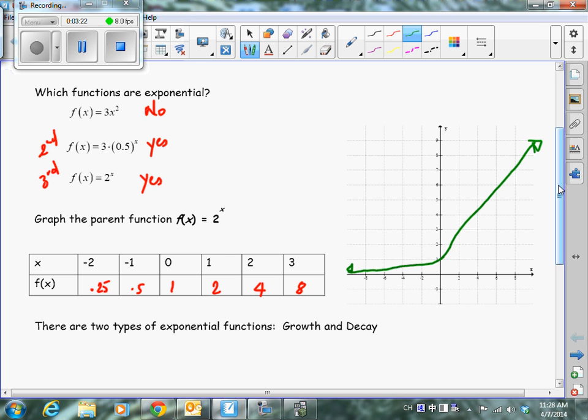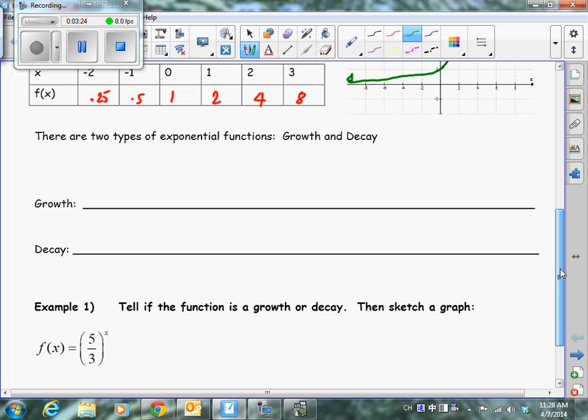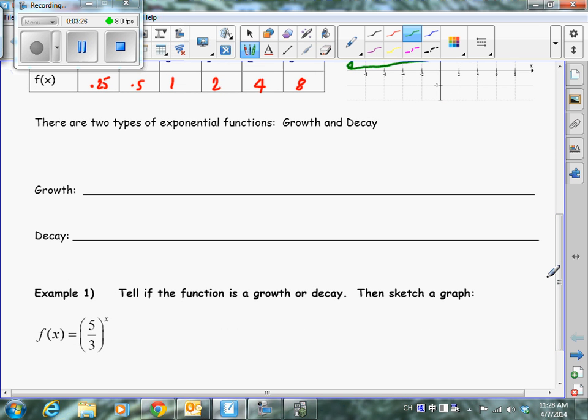All right. There are two types of exponential function. One of them is called growth, and the other one is called decay. A growth is when the constant is what? Greater than 1.